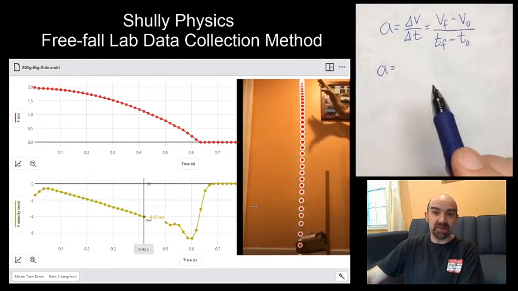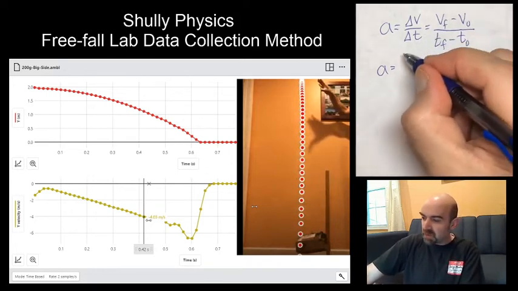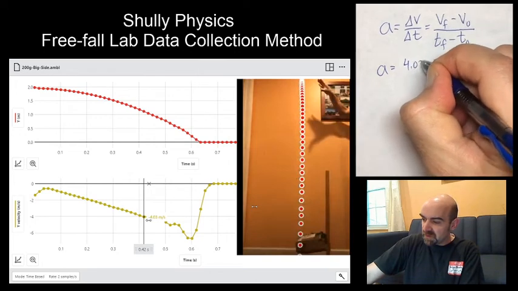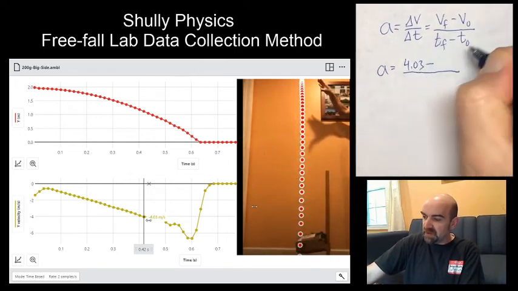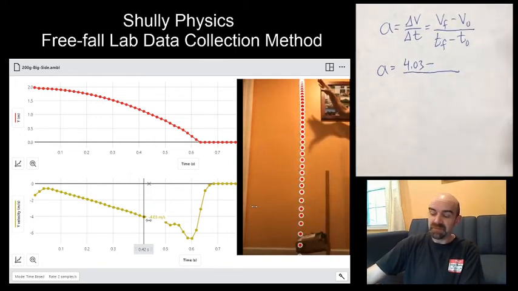I'm going to take the final velocity, 4.03, and we'll subtract the initial velocity in just a moment. And the final time, so 4.03 was the speed, right over here. So we're focusing on this part. That's the speed. And the time at that moment is 0.42 seconds.